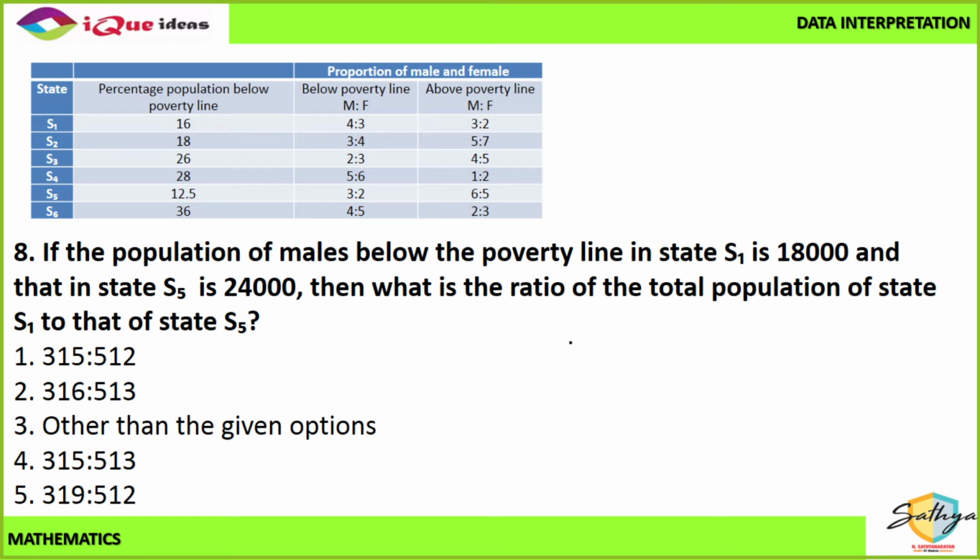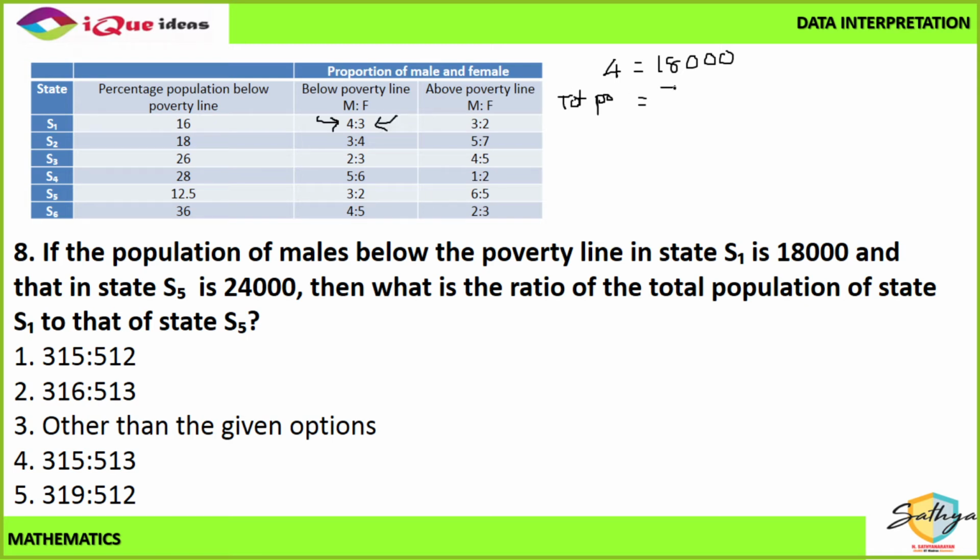So, it says the population of males below poverty line in S1 is 18,000. So, males below poverty line in S1, the number 4 is equal to 18,000. So, can I say total population below poverty line is 4 plus 3 is 7.